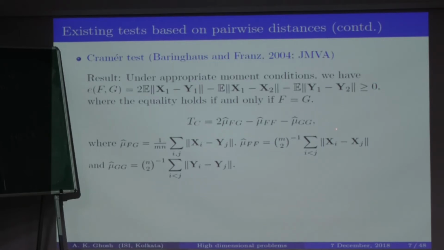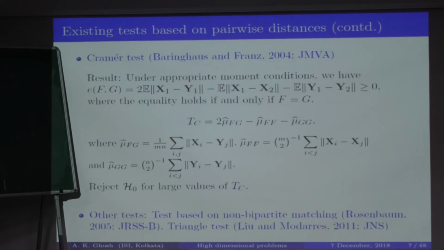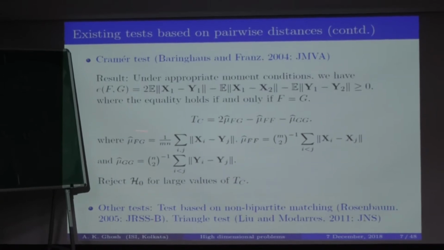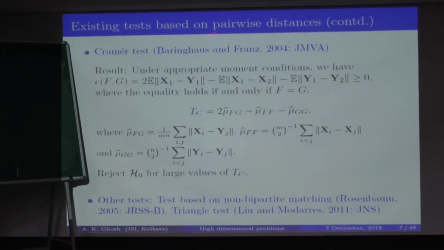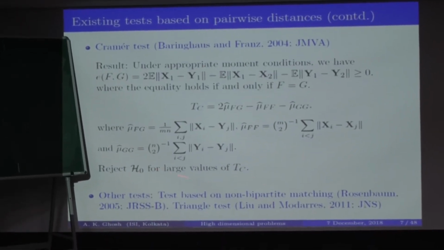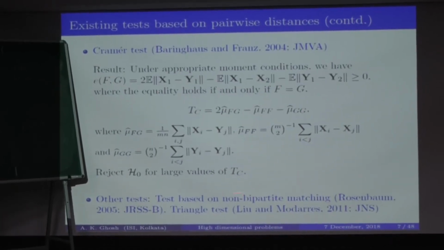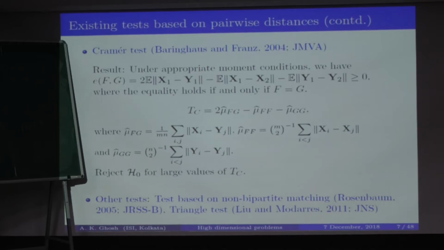On the other hand, if F and G differ, then this is a positive quantity, so this is expected to be large. So we can reject the null hypothesis when the test statistic takes a higher value. One can check that in one dimension this matches with the Cramer-von Mises statistic, and that is why it is known as the Cramer test.